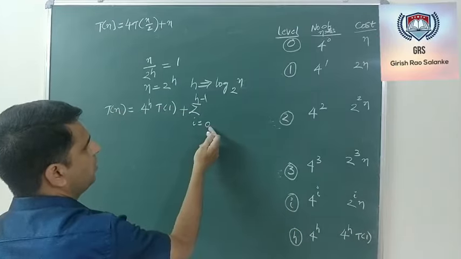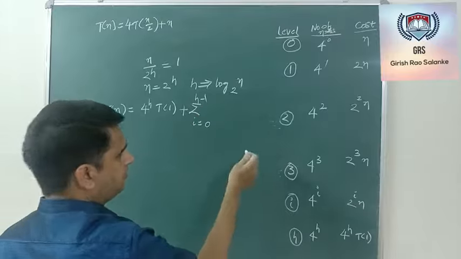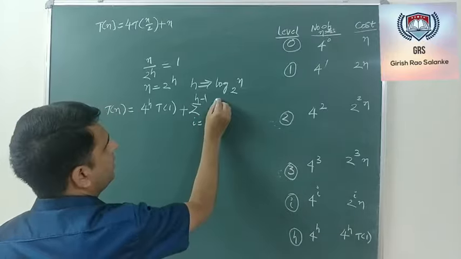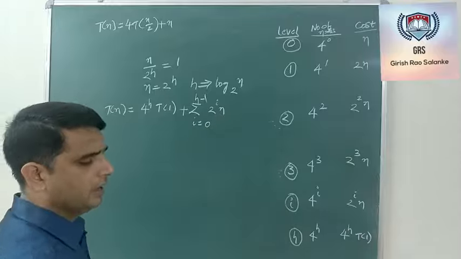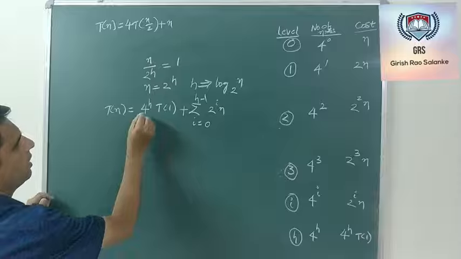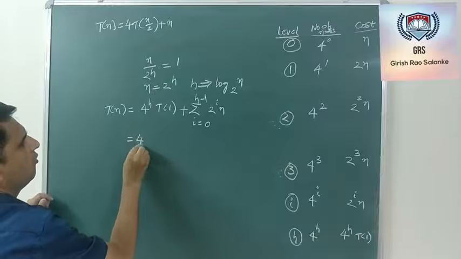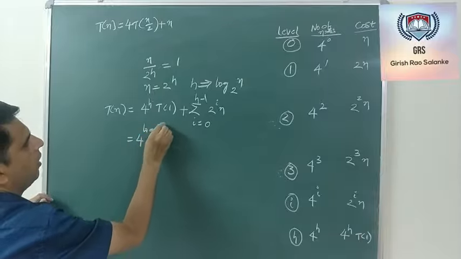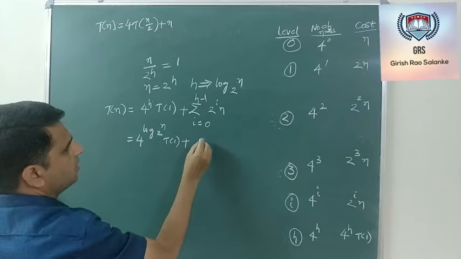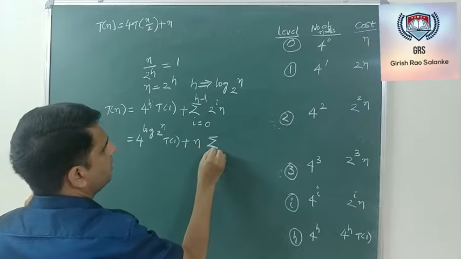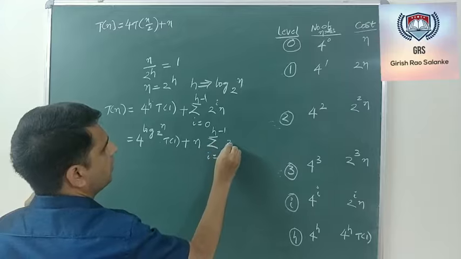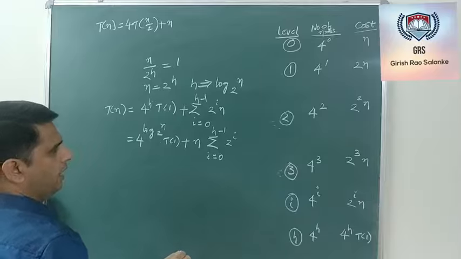So for i equal to 0 to h minus 1, this is 2 power i into n. Now this is nothing but 4 power h, where h value is log n to base 2, into T of 1, plus, if I take n outside, summation of i equal to 0 to h minus 1 of 2 power i.